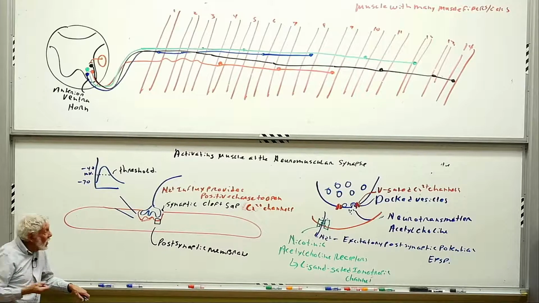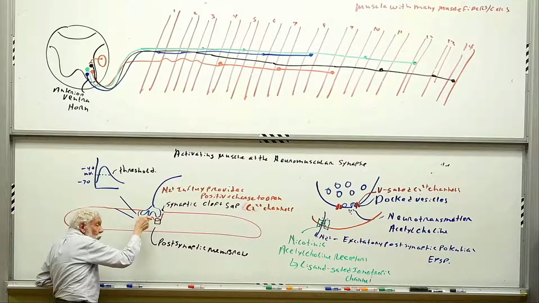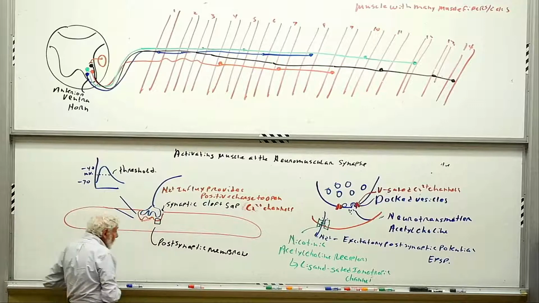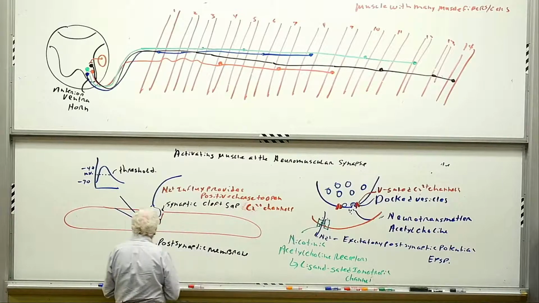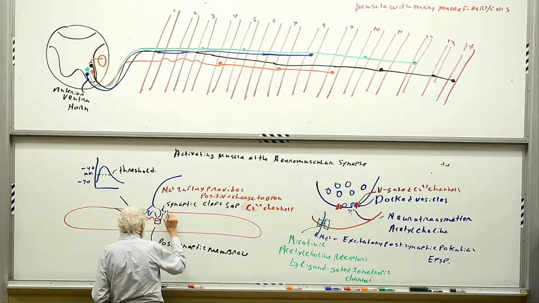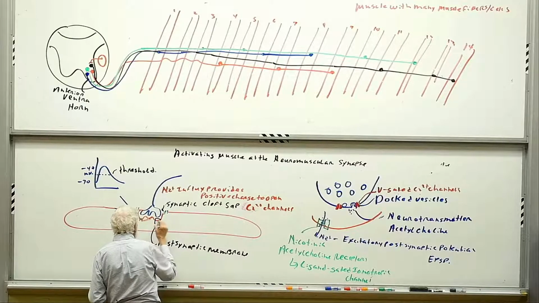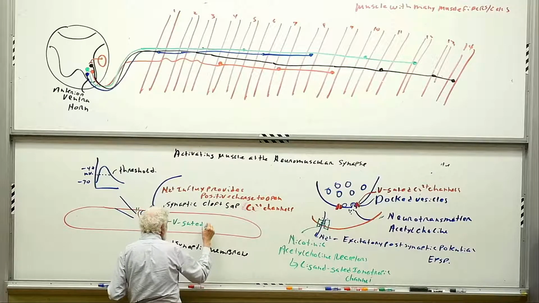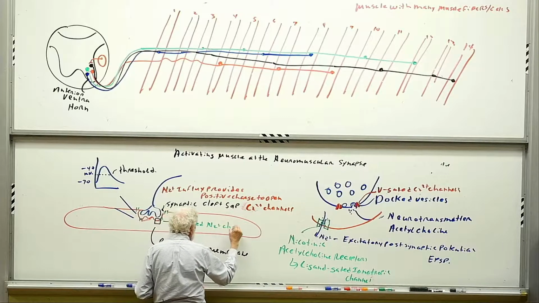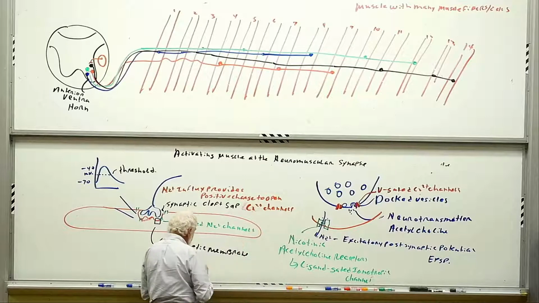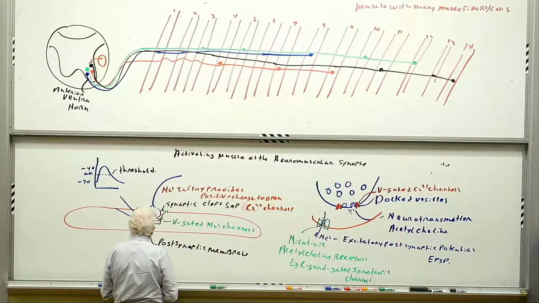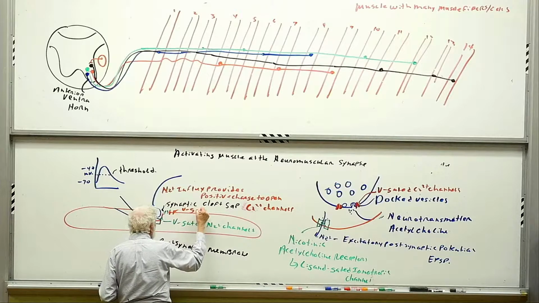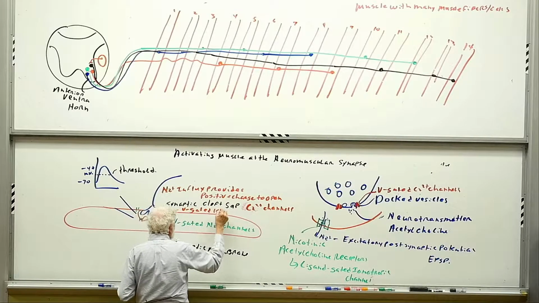What we find is that in this region, right nearby to the axon terminal, we're going to find voltage-gated sodium channels. They'll, of course, be accompanied by their counterparts, the voltage-gated potassium channels.